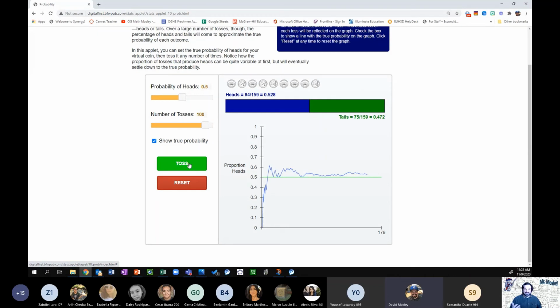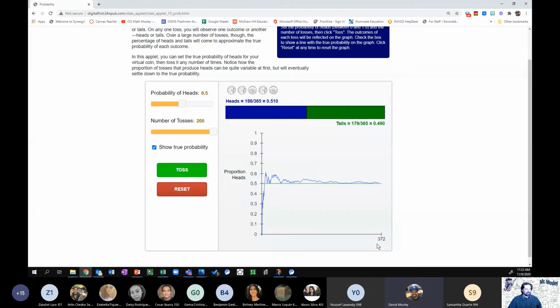Now, it may never be exactly at 0.5. This allows me to go up to 200 simulations. And so I've run 365 simulations. I got 186 heads and 179 tails. We're getting closer and closer to that 0.5.